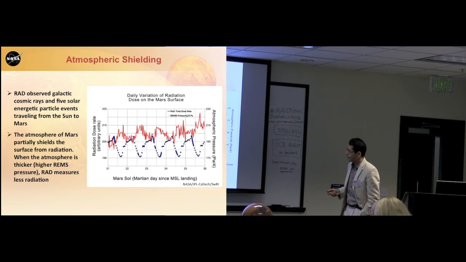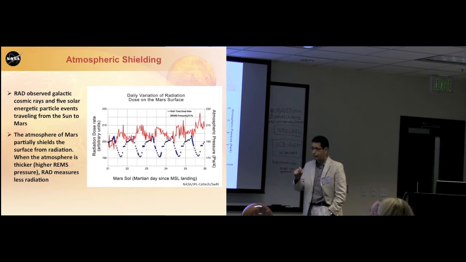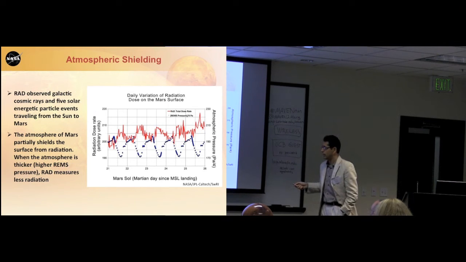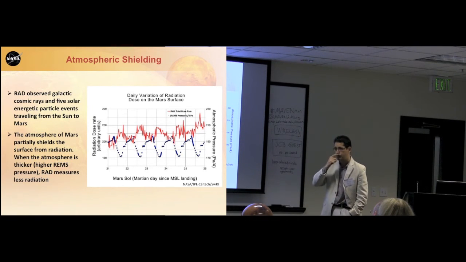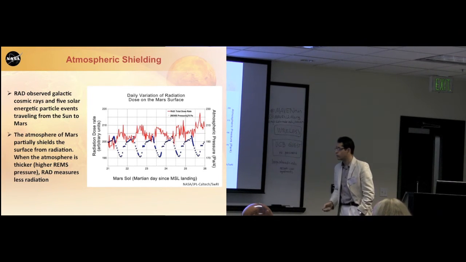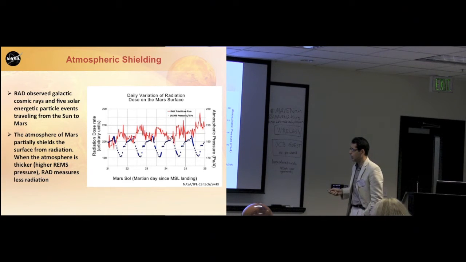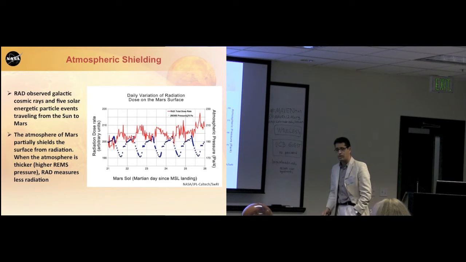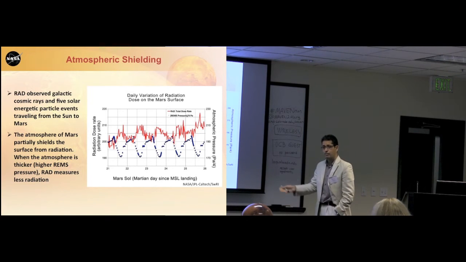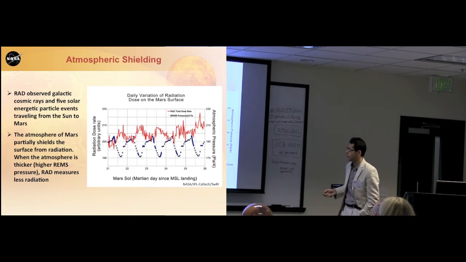So the correlation is very nice, and it can be explained by the fact that as the atmosphere gets thicker and the pressure goes up, the atmosphere acts as a shield and traps more energetic particles coming from space, and less of them make it to the surface. But as the atmospheric pressure goes down during the night, these particles can make it much more easily to the surface, and the energetic particle counts go up.